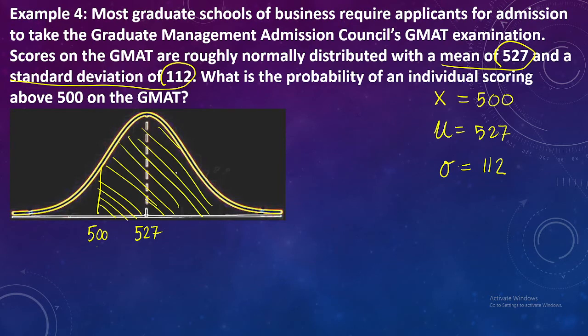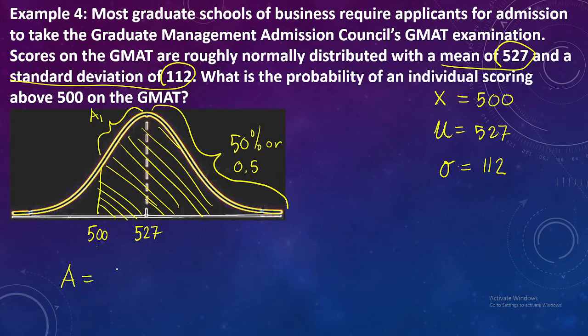Now, to get this area, we already know this is 50%, or 0.5. So the area we are looking for is 50% or 0.5 plus the area of this part over here.